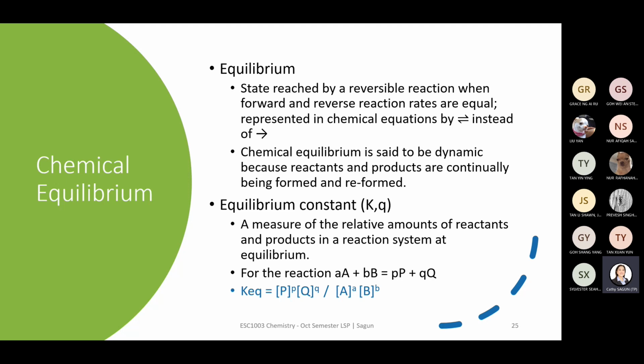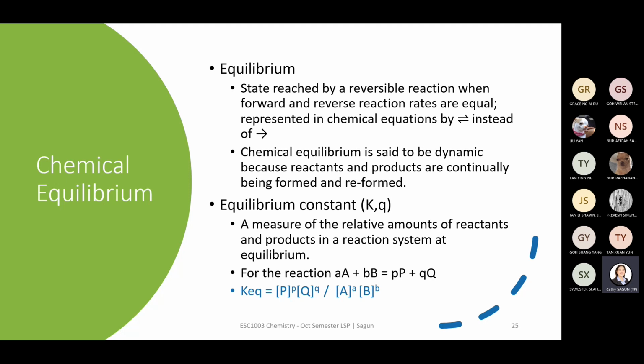But depending on the conditions, if you have a reversible reaction, instead of moving forward, it can go backward. So chemical equilibrium is said to be dynamic. It's moving because reactants and products are continually being formed and reformed.